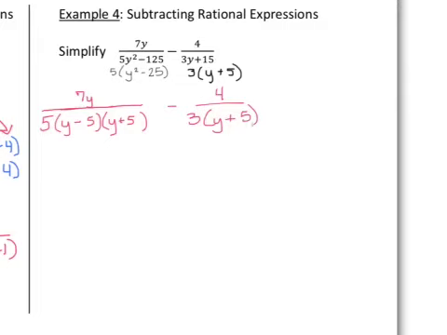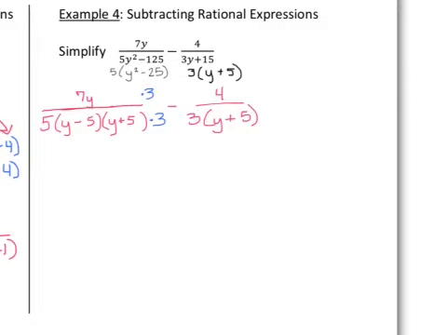All right, now we identify what's missing. Sorry, I think I said that confusingly. We're looking at the first one. What does the second one have that the first one is missing? It's the 3. So we have to multiply the top by 3 and the bottom by 3.